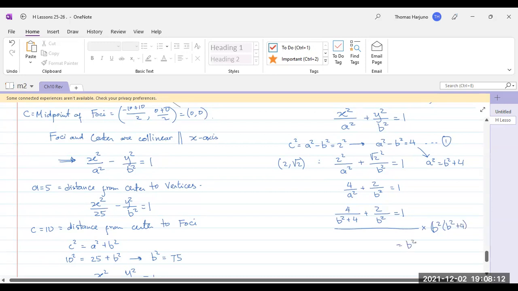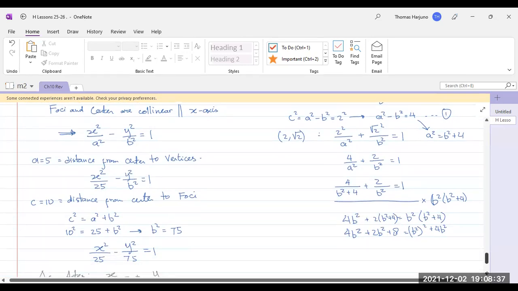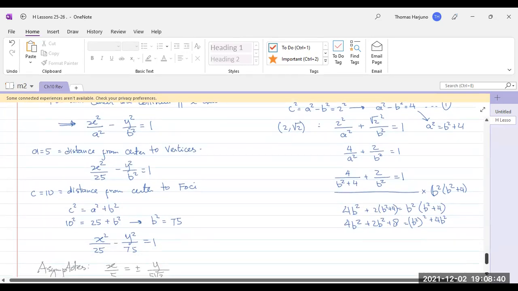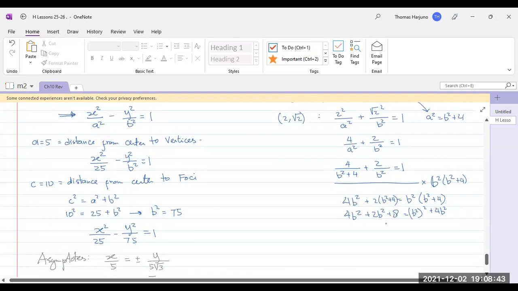That gives me 4 times b squared plus 2 times b squared plus 4 equals b squared times b squared plus 4. That's 4b squared plus 2b squared plus 8 equals b to the fourth plus 4b squared. I keep it as b squared so that we can have a quadratic-like equation. The 4b squared cancels, so I have 0 equals b to the fourth minus 2b squared minus 8.